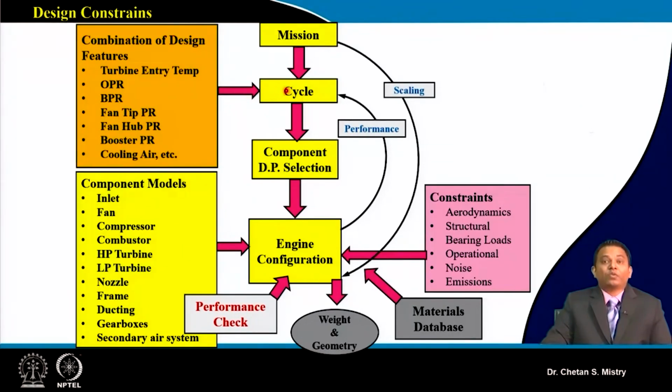Once we do this cycle analysis, we will come to one point, which is called design point selection. This design point is very important. For each component we have our design point, and mostly for the design of commercial aircraft high bypass ratio engines, our design point is the maximum thrust condition, or the takeoff condition.